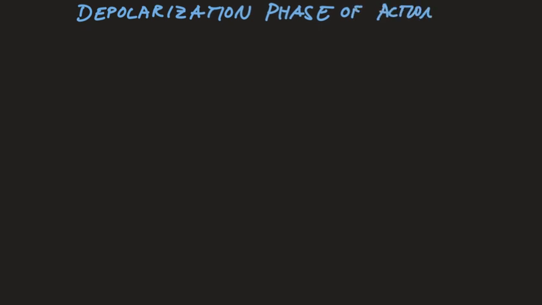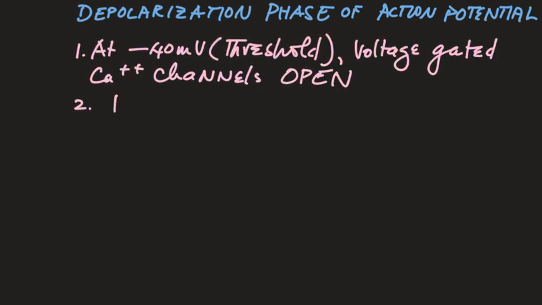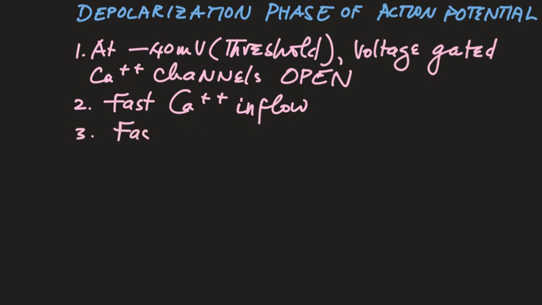The next phase is the depolarization phase of the action potential. This is brought about by the threshold voltage. We remember that the threshold voltage is the minimum voltage needed to trigger an action potential. So at minus 40 millivolts, voltage-gated calcium channels open. Fast calcium inflow occurs because, if you remember, there is more calcium outside the cell, so there is always a calcium inflow.